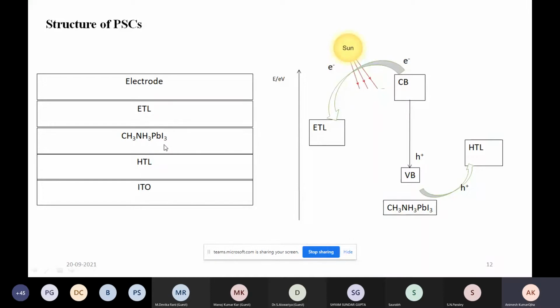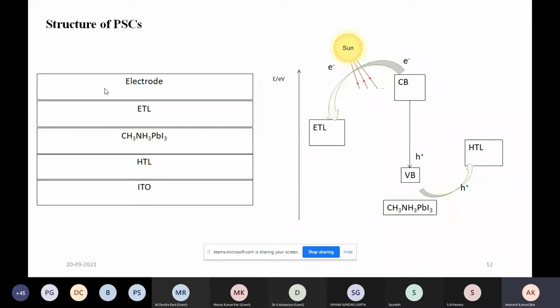The stability can also be enhanced by designing a suitable electron transport layer and hole transport layer. Here in this talk, I'm going to discuss the designing of new perovskite materials for enhanced efficiency as well as stability.